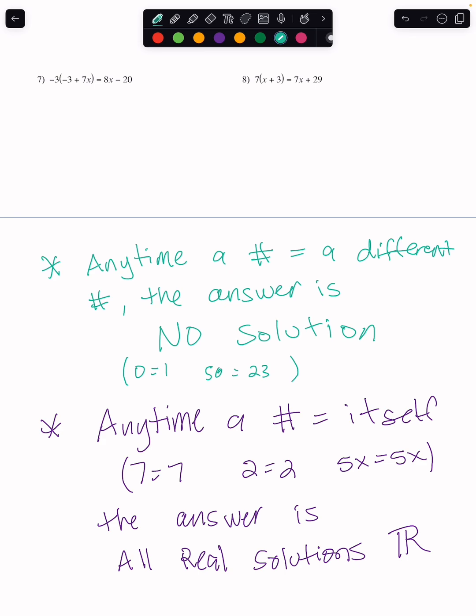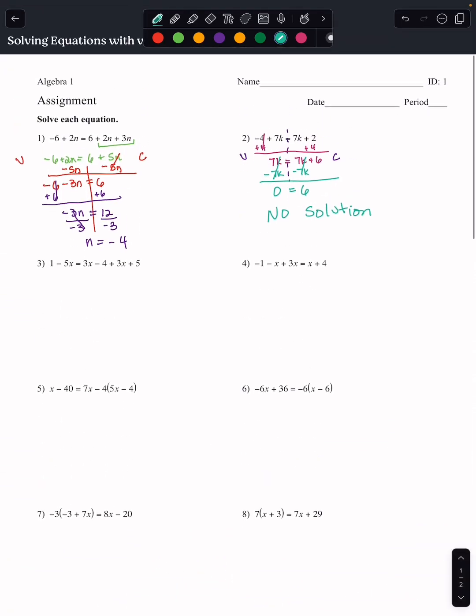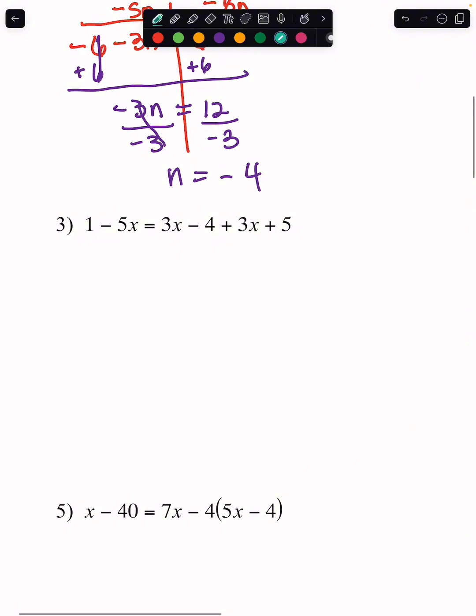All right, so let's go back up here and look at number 3. Let's see what we can do with this one. Is there anything I can combine? Actually, I can. On this side I can combine 3x with this 3x, which is going to be 6x.